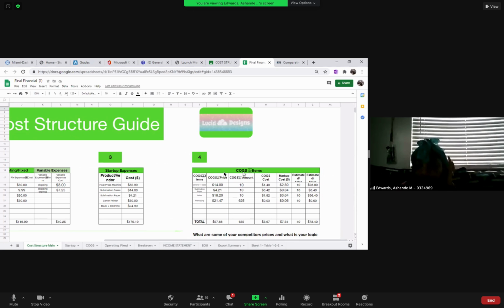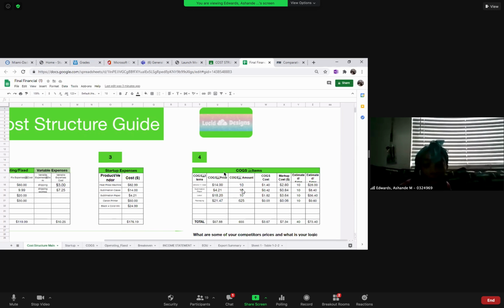So next is my COGS. I got iPhone 11 sublimation cases, and the total price was $14, and 10 come in it. So the COGS would be 1.40, and I times the markup cost times two, got $2.80. I estimated 10 sales because only 10 come in for right now, and I got $28.